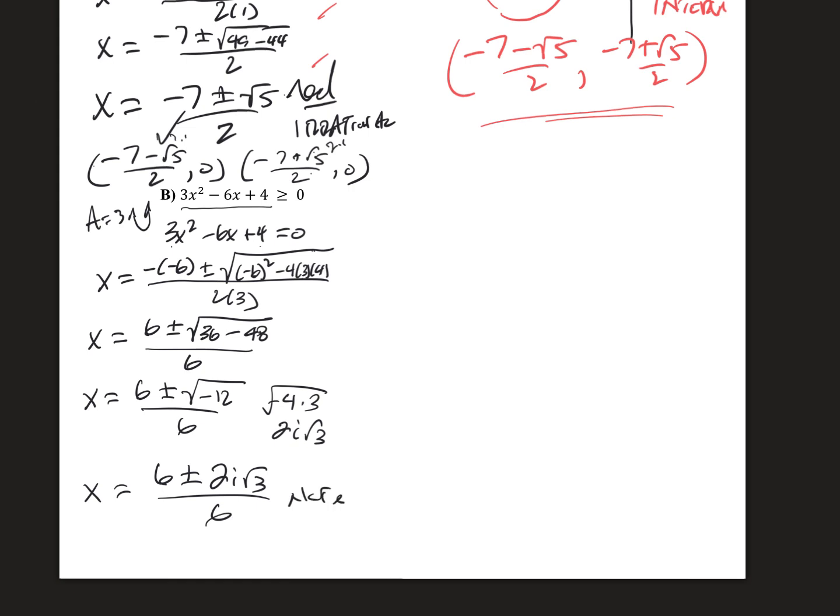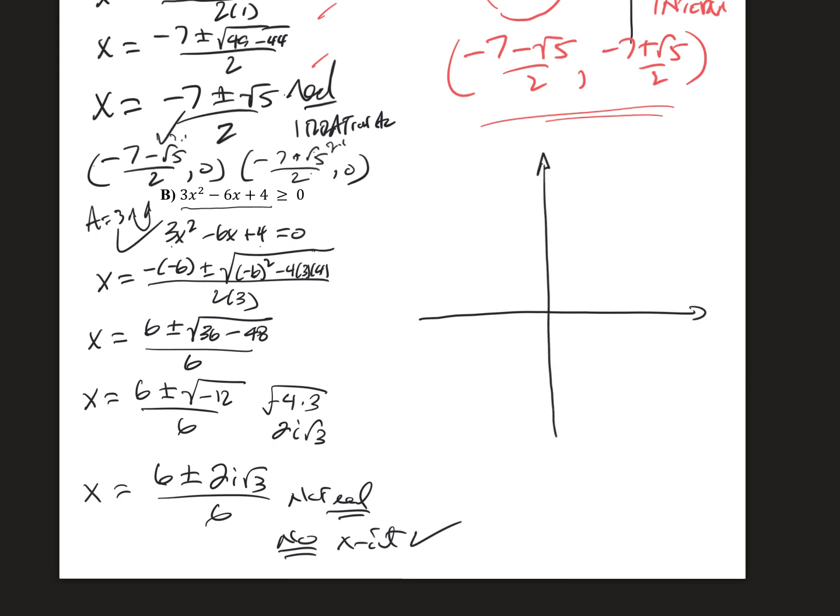These are not real, right? So this means that there are no x-intercepts. We're not going to see them on our graph. So given that there are no x-intercepts and that I know I have a parabola opening up, if we really wanted more detail, I'd find the vertex. But all I do know is that I have a parabola that is entirely above the x-axis.